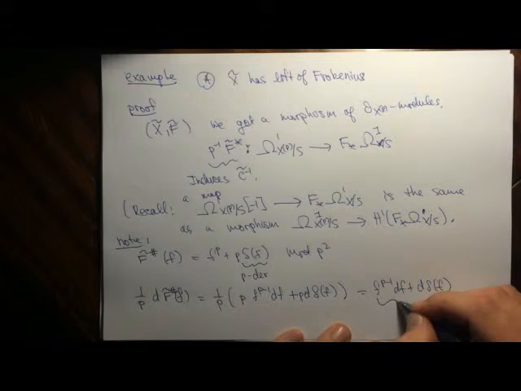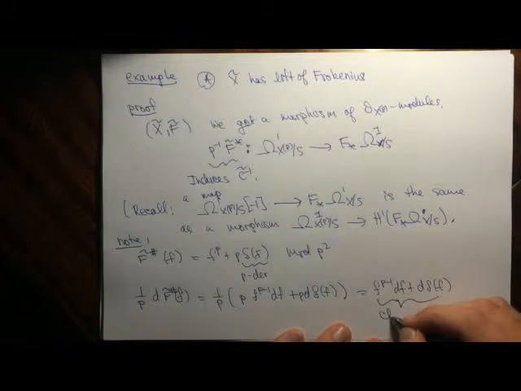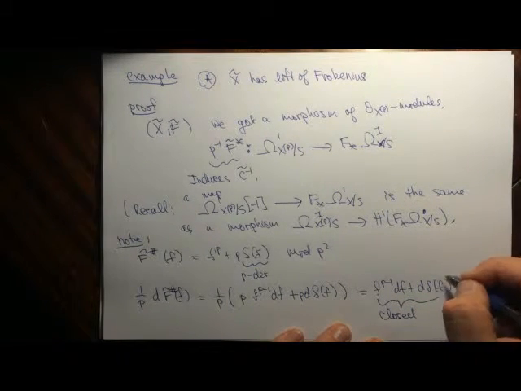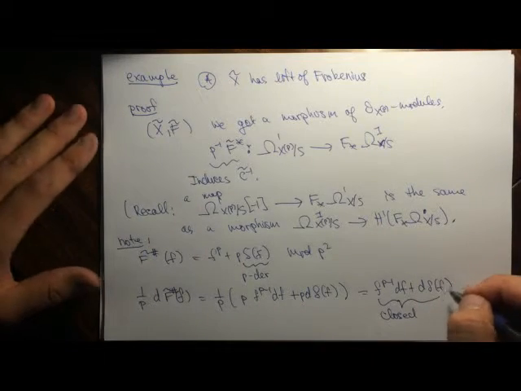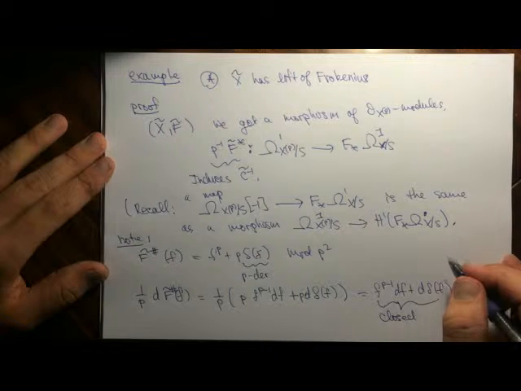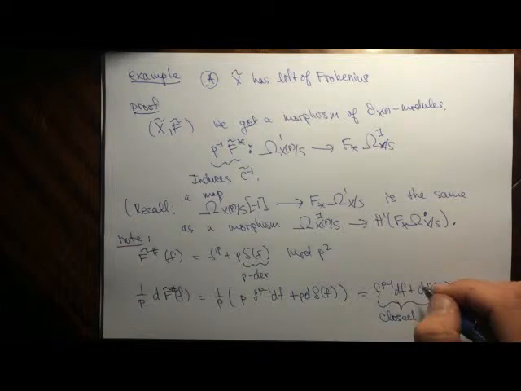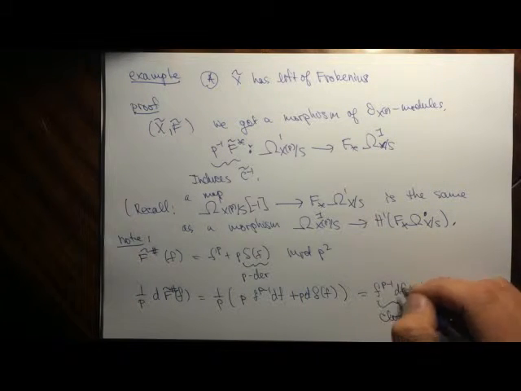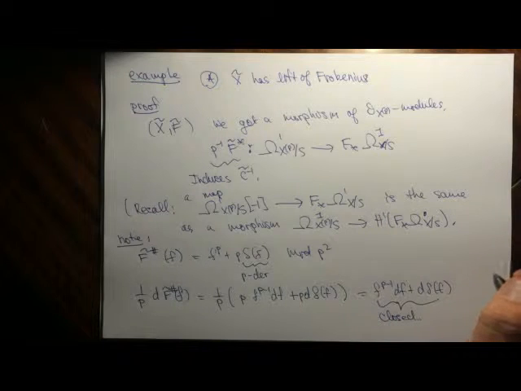Okay, so in particular, this is closed. And this is exact here. This may change as we change the lift of the Frobenius, but this thing is the Cartier operator, and this is closed.